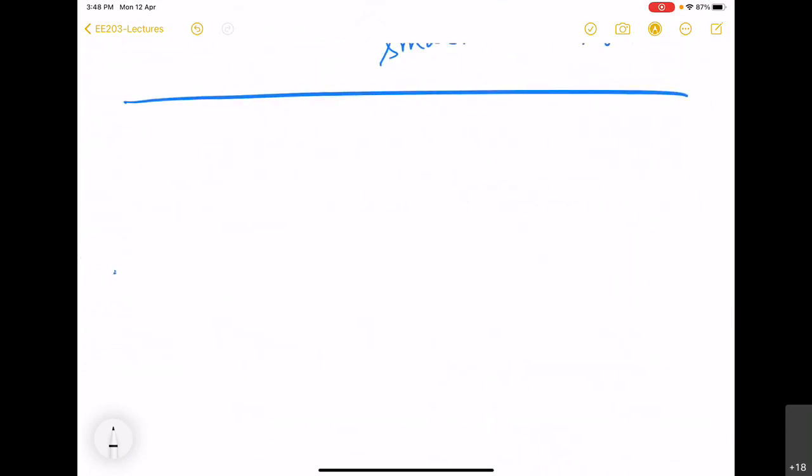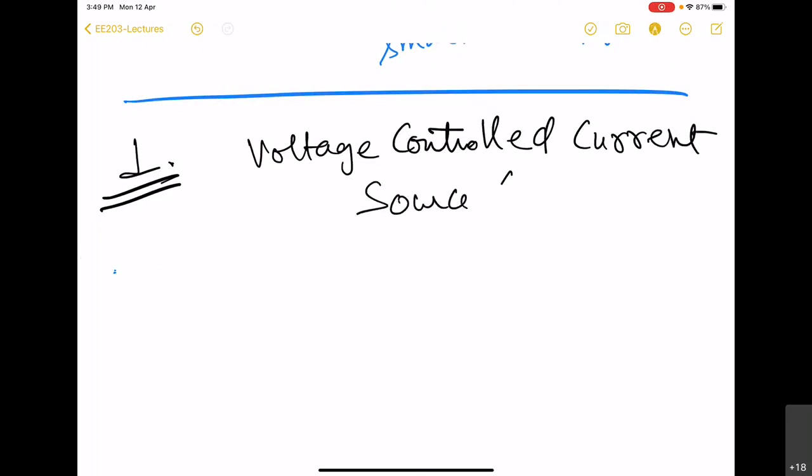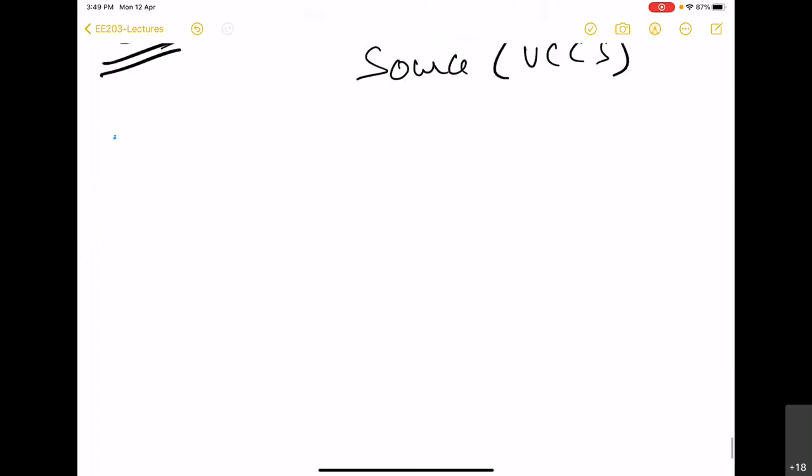So we take up example 1, and you can guess that the simplest case is going to be the voltage controlled current source. This was already pointed out.